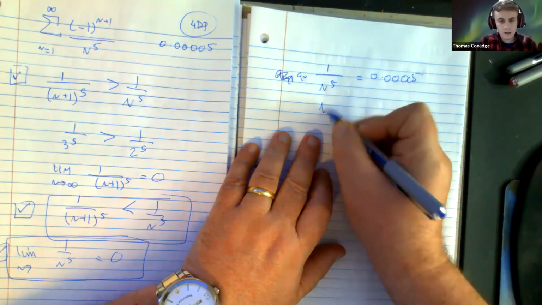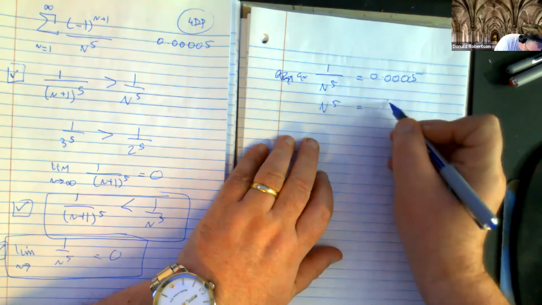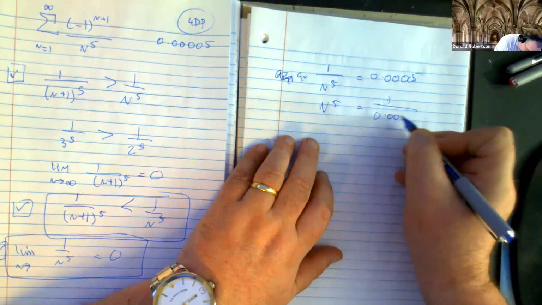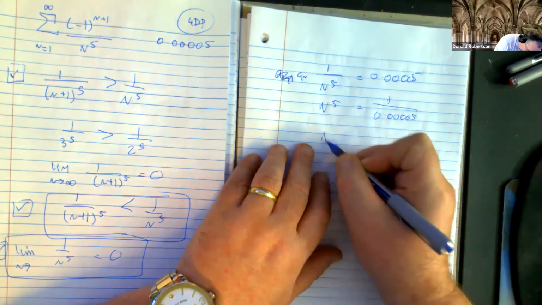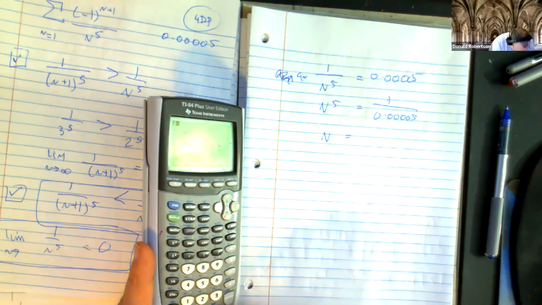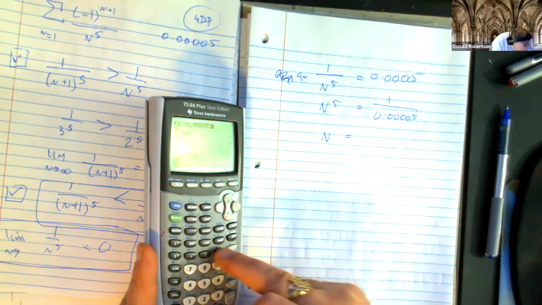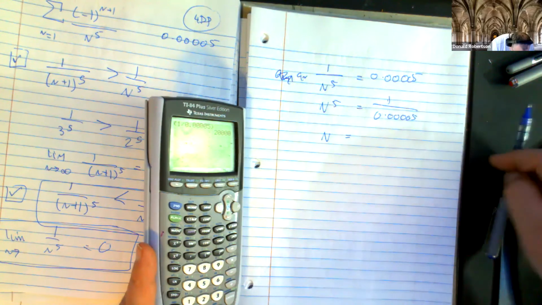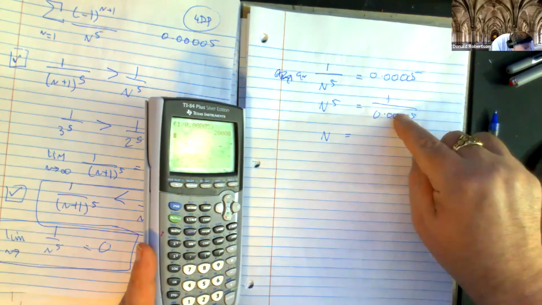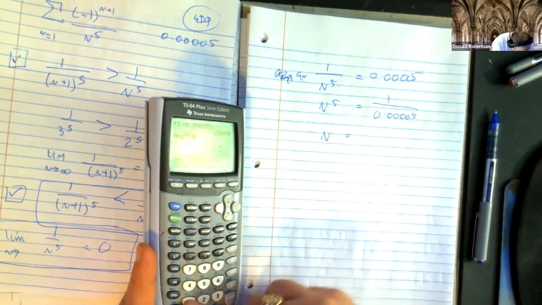So if you take this guy here, did you do that into the 5th? Yeah, into the 5th. So you're going to do this guy here. And so n is just going to be the 5th root of that guy, which I'm about to do. So brackets 1 divided by 0.00005. And I get that number. Then I'll take that answer and raise it to the power of 1/5.